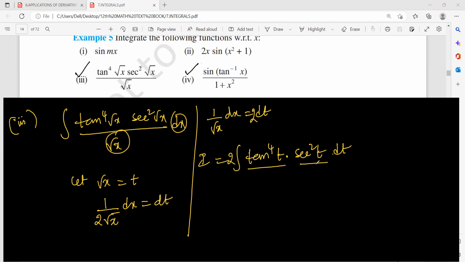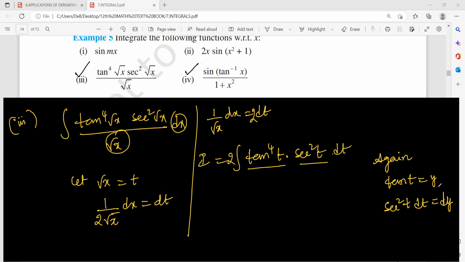So we again take, again, tan t as y. If you take tan t as y, then what will happen? Secant square t, the differentiation of tan t, into dt equals dy.